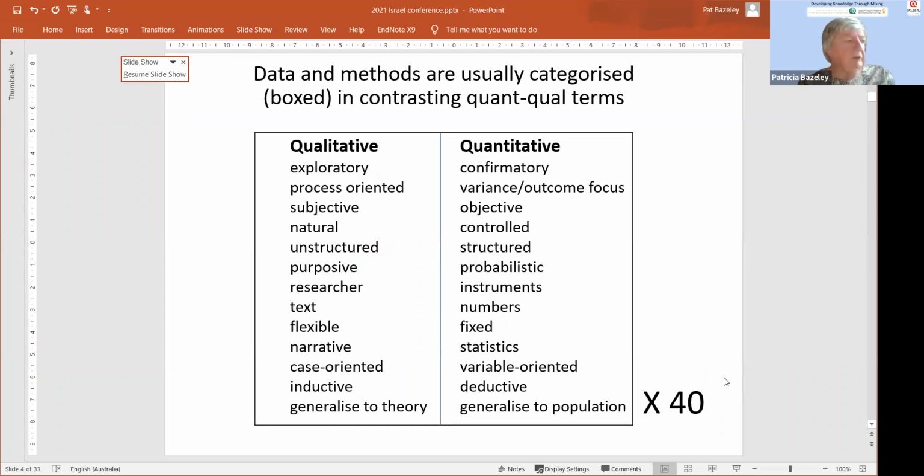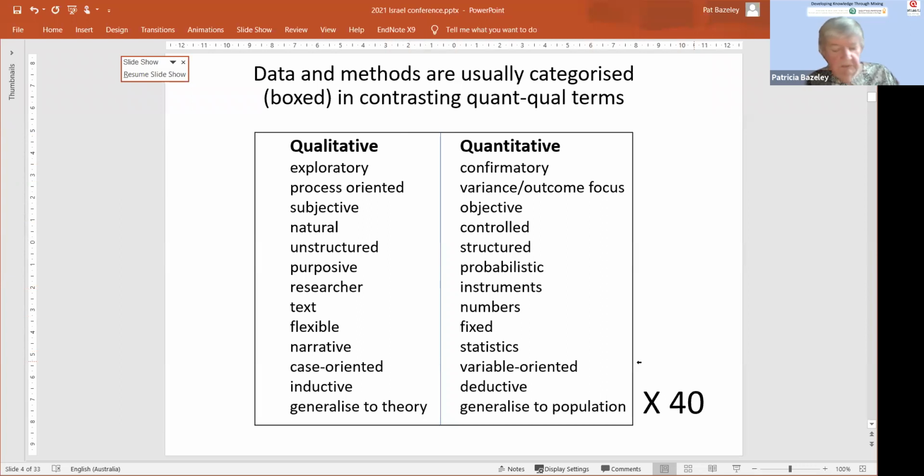If you look at textbooks on research that cover both qualitative and quantitative methods, or even ones that cover one type, they'll often start with making a list of the so-called differences between these approaches. So they'll have a list of qualitative characteristics, a list of quantitative characteristics, set out in contrasting terms.